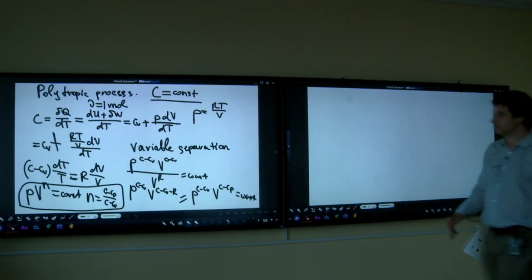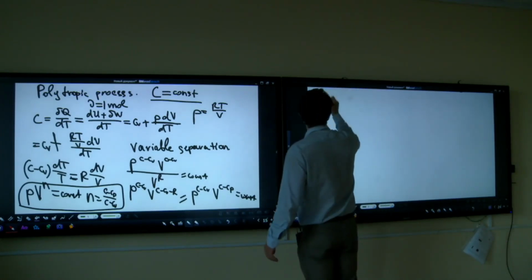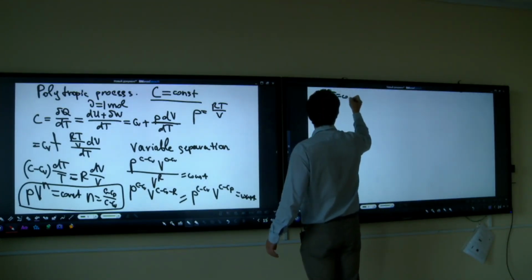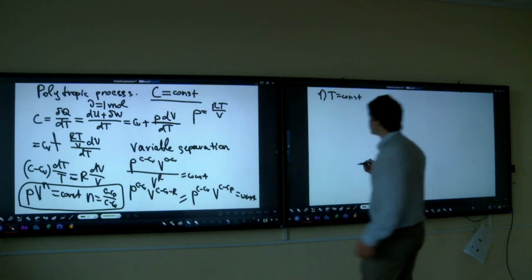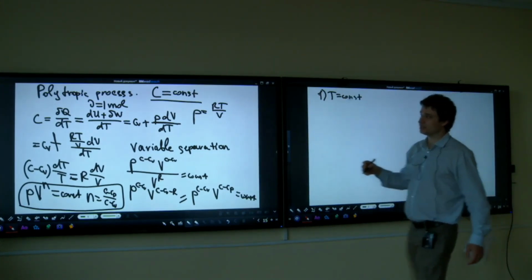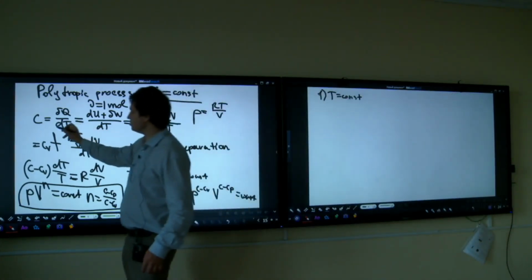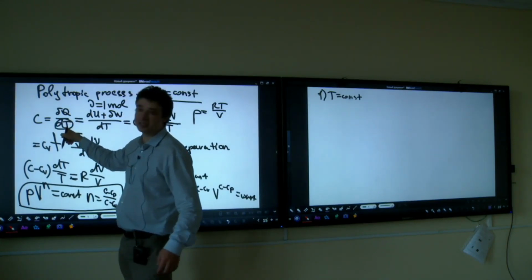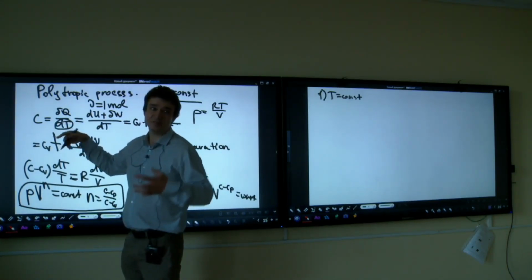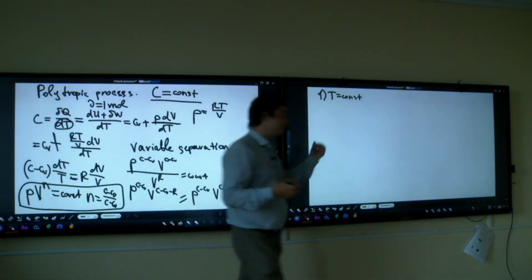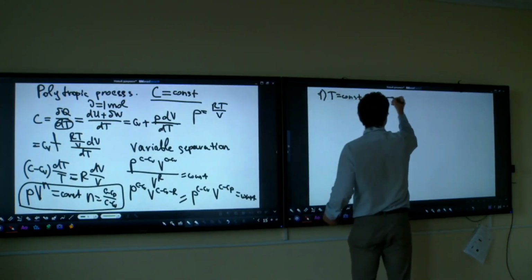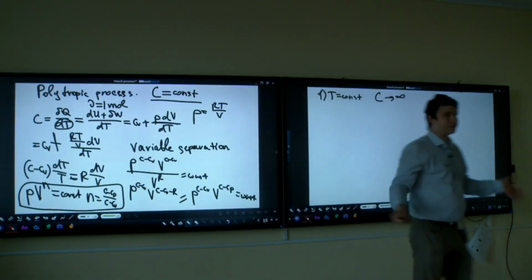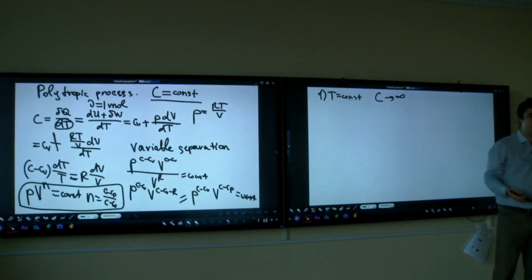The other two examples are, first, the isothermal process, T equals constant. In this case, if I take dT equal to 0 and place it in here, that means my heat capacity in the isothermal process is infinite, because there is no temperature change but there is obviously some exchange of heat.